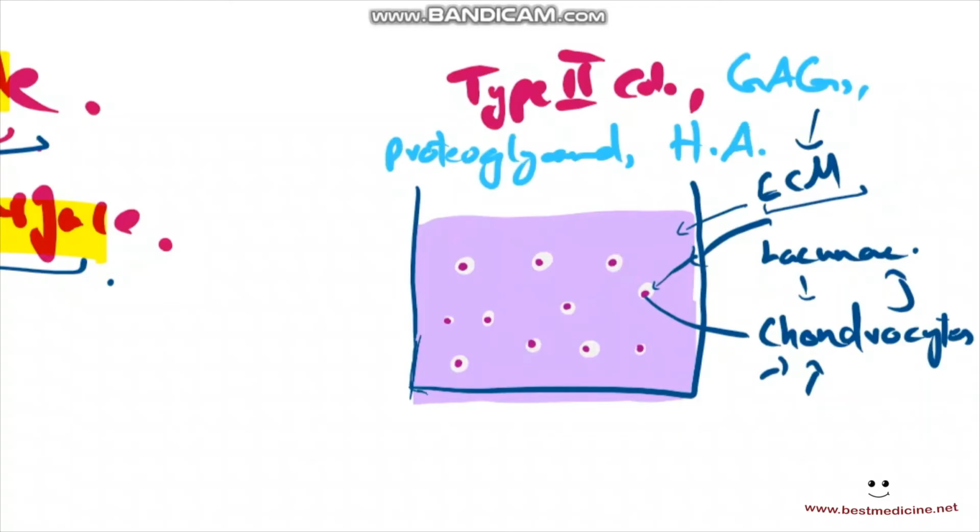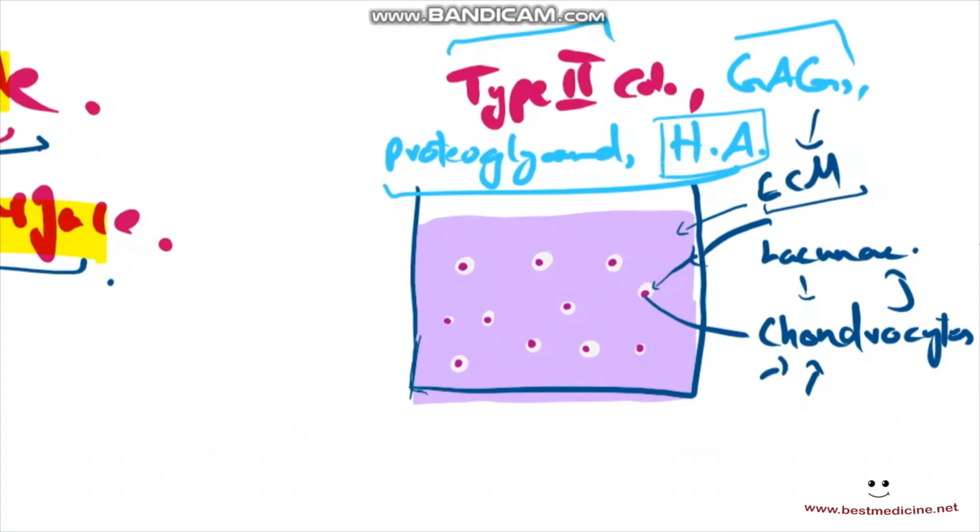So ECM components: collagen and ground substance, which is GAGs, proteoglycans, hyaluronic acid. Hyaluronic acid is very water pulling, so it pulls the water towards it and gives the cartilage its frictionless texture as well. And obviously we have type 2 collagen, usually present in all types of cartilages, so this gives it the tough and durable characteristic.